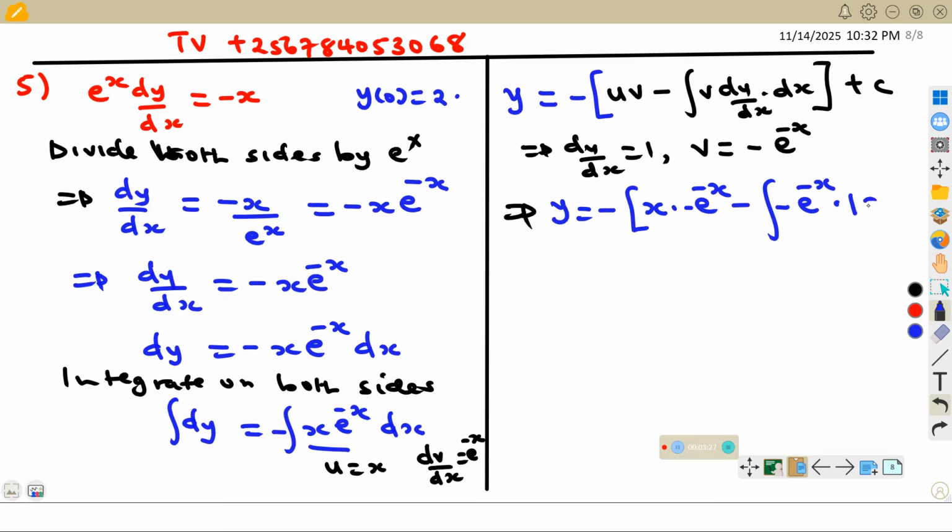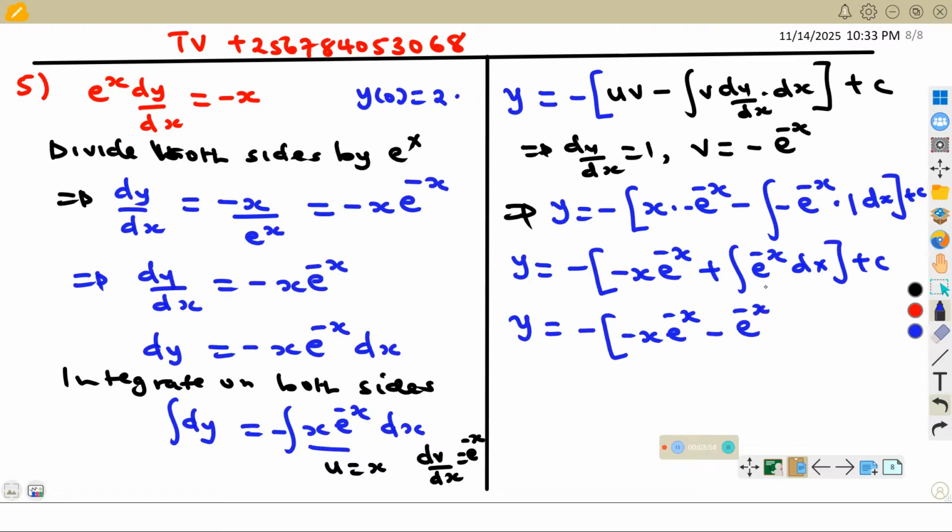So this gives y as negative of negative x e to the power negative x, plus the integral of e to the power negative x dx, then plus c. Integrating, y is negative of negative x e to the power negative x minus e to the power negative x, then plus c.